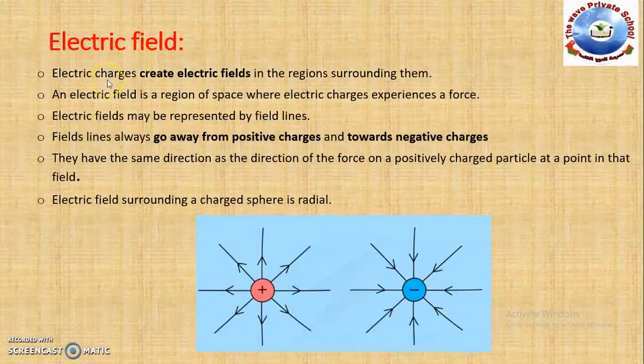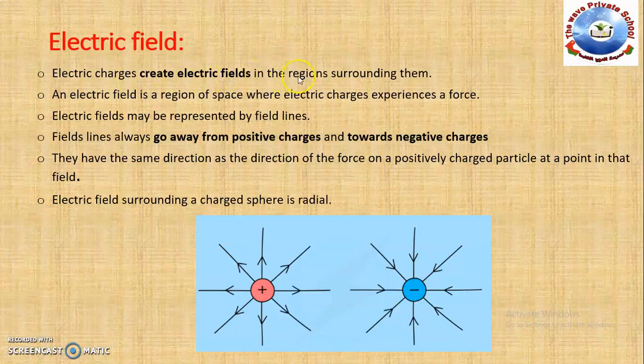Electric field. Electric charges create electric fields in the regions surrounding them. Or we can say that an electric field is a region of space where electric charges experience a force. As you can see here, two charges are present.